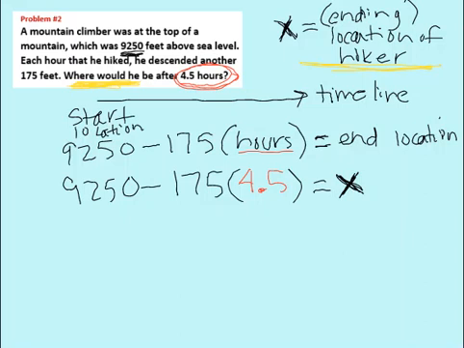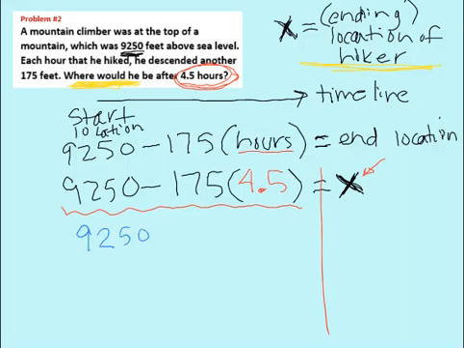When I go to solve it, the x is already by itself over here. So all I need to do is order of operations. I'm going to rewrite 9,250, and then do that multiplication, 175 times 4.5. Back to my wonderful calculator.